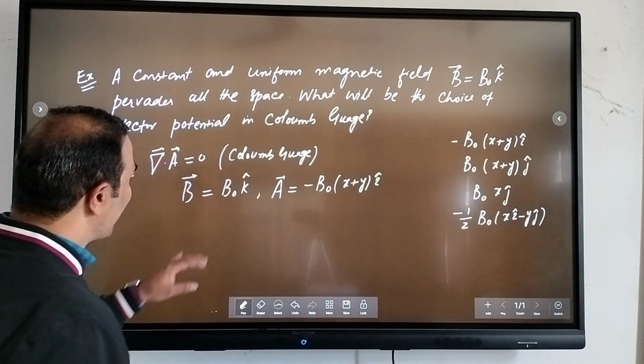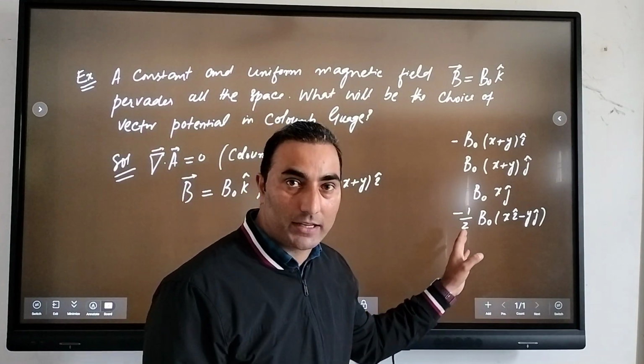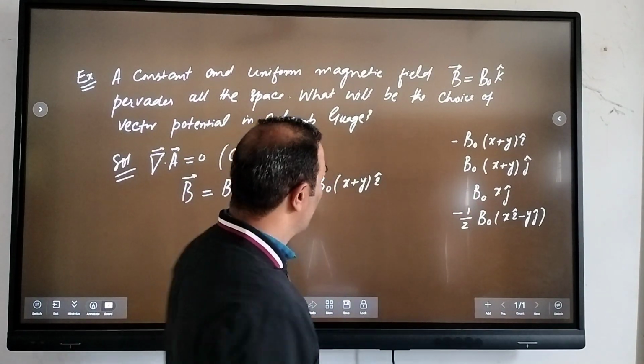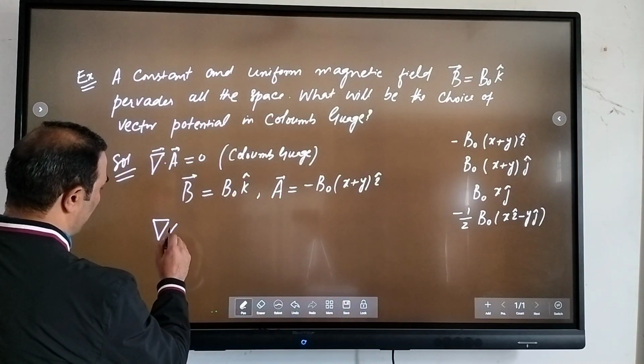okay. So let's calculate, because our B, we have that the magnetic field can be written as a curl of that vector potential. So that means I can write now nabla cross A then.